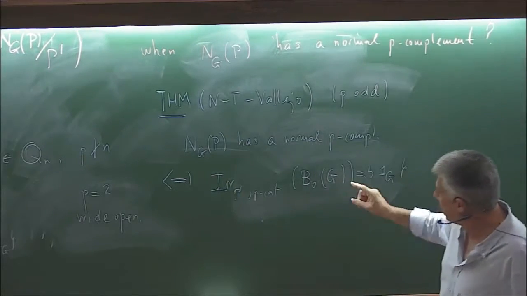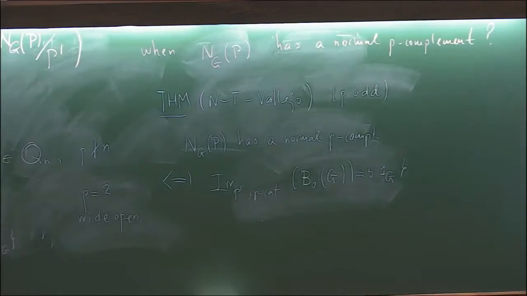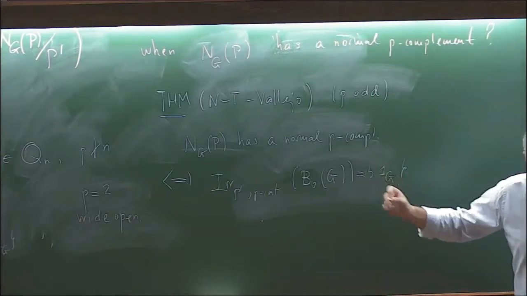The principal block are the characters in the condition star that I wrote before. For p equals 2, we have a similar statement that follows from the Galois-Mackay conjecture, but it's impossible. This was for us the beginning of something.